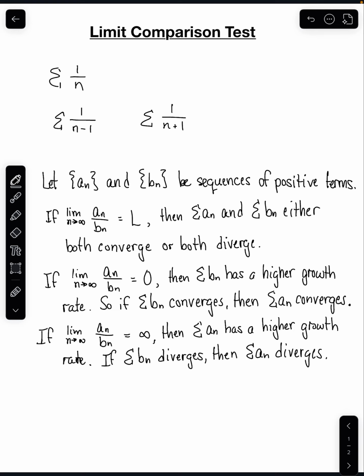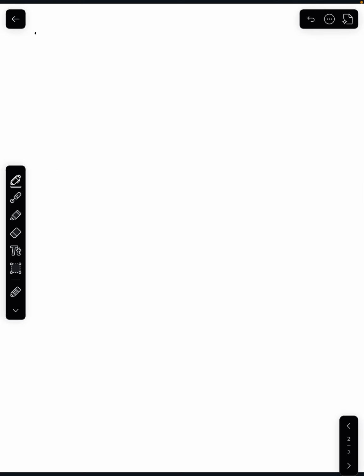As an example, let's consider the two series that I mentioned at the beginning of this video. Let's consider the series 1 over n minus 1. Now this, because of the denominator being n minus 1, we need the series to start at 2. When n is 2, the denominator is 1.